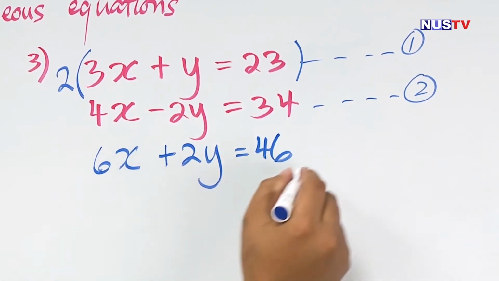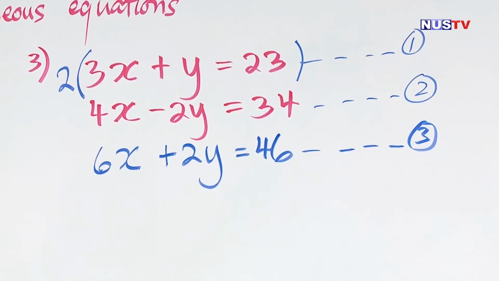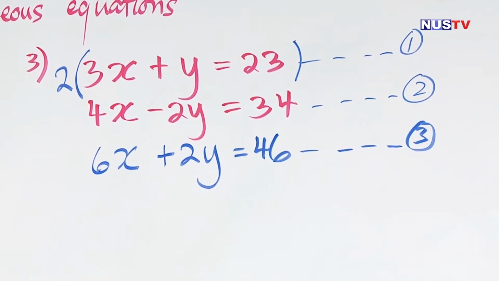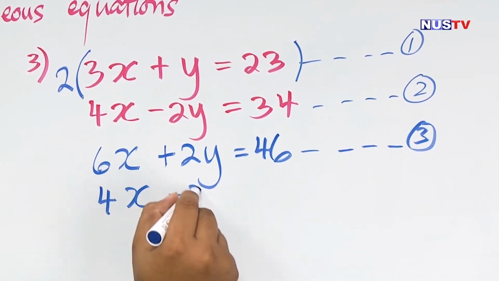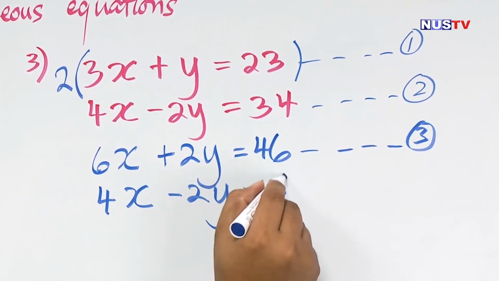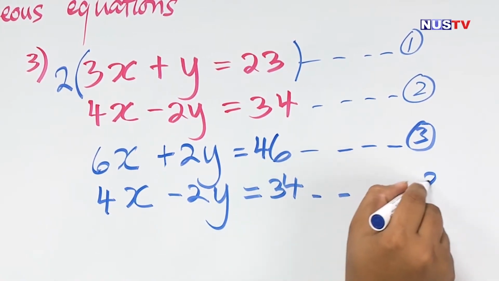So let's name this our equation 3. So we are going to bring down our equation 2 as the same one. So this remains the same. So 4x minus 2y, that is equal to 34. So let's name that still our equation 2.